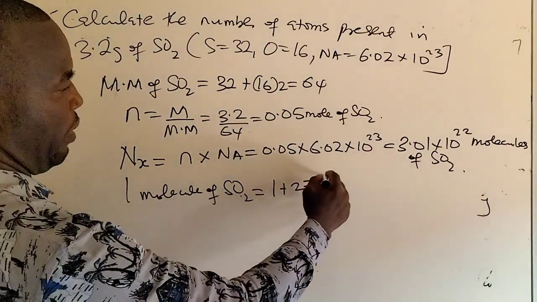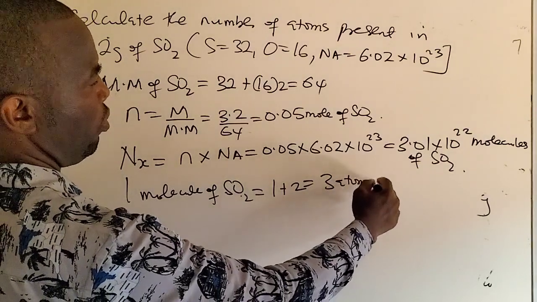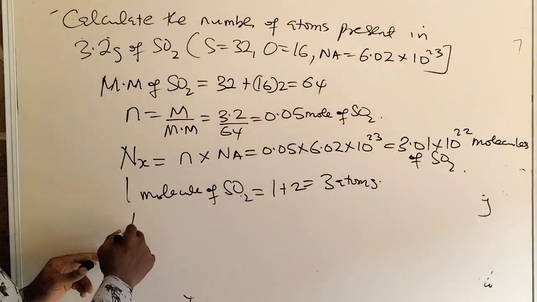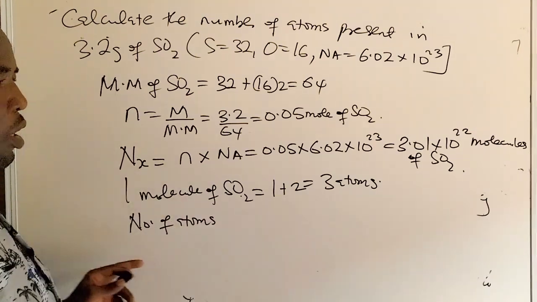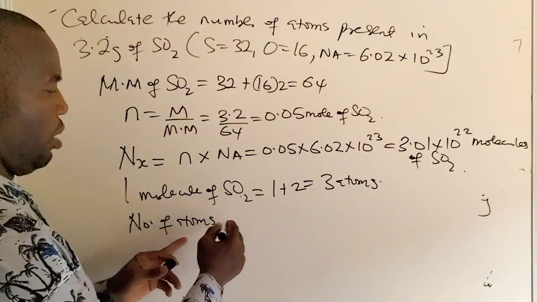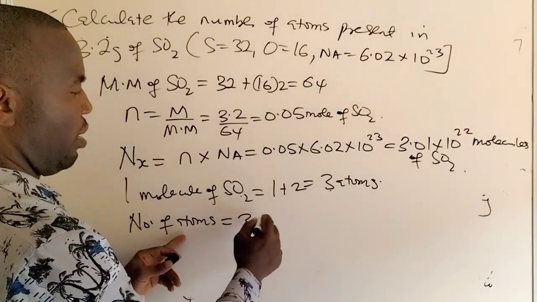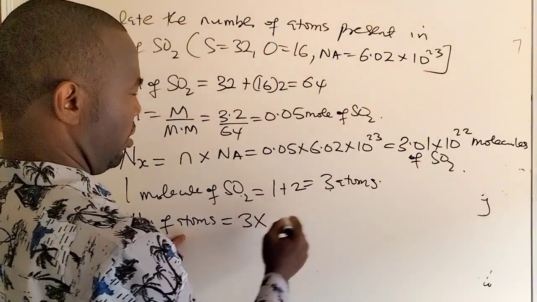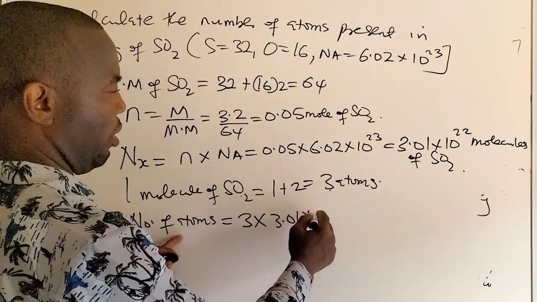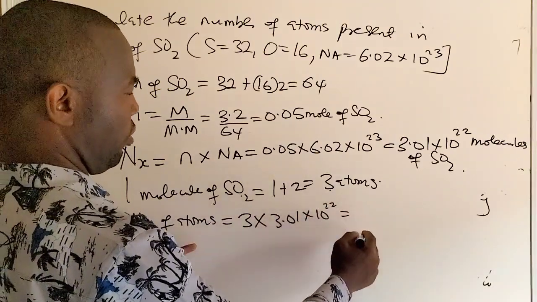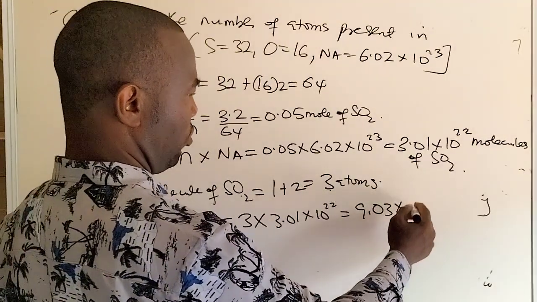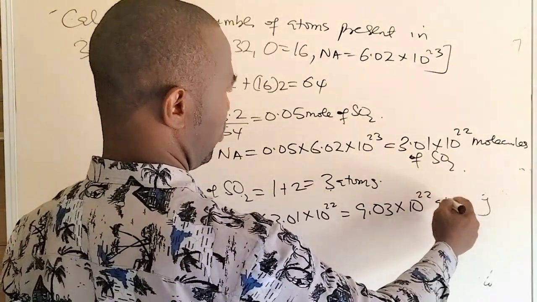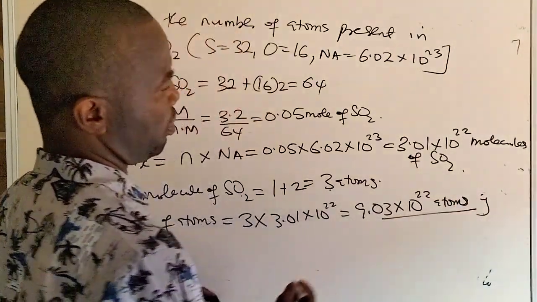And that gives us 3 atoms. So the total number of atoms in the number of molecules calculated becomes 3 times the number of molecules of SO2, which is 3.01 times 10 to the power 22. That gives us 9.03 times 10 to the power 22 atoms present.